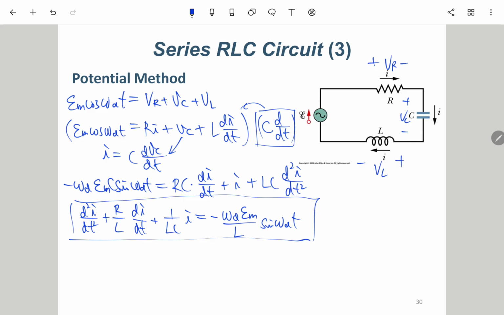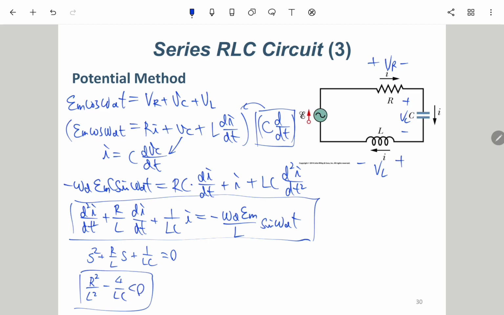By solving this, you need to first find the homogeneous solution. So it will be s squared plus R over L times s, plus 1 over LC equals 0. And then you also need to expect B squared minus 4AC is less than 0, which is R squared over L squared minus 4 over LC is less than 0.